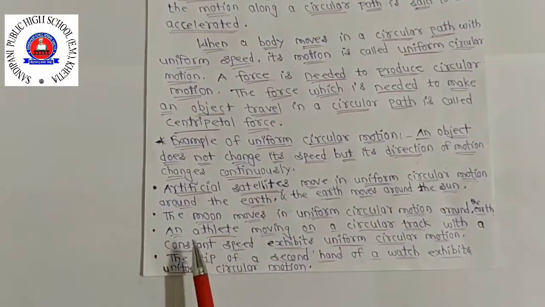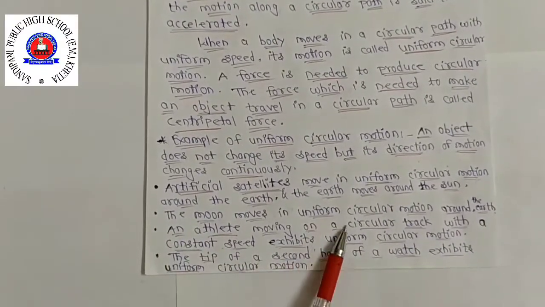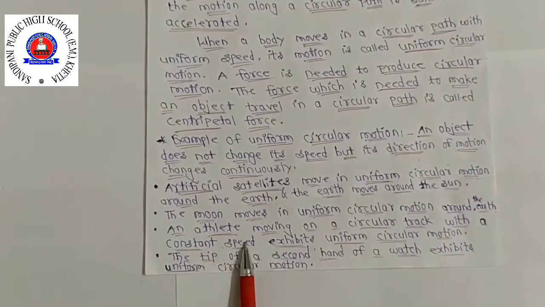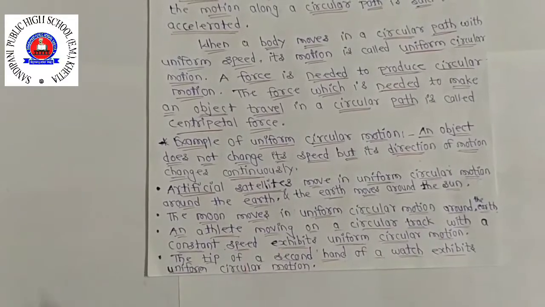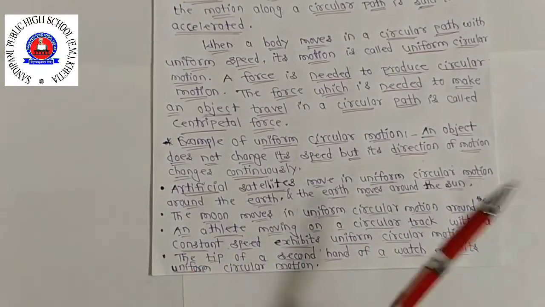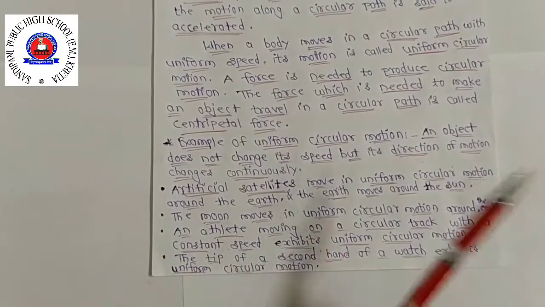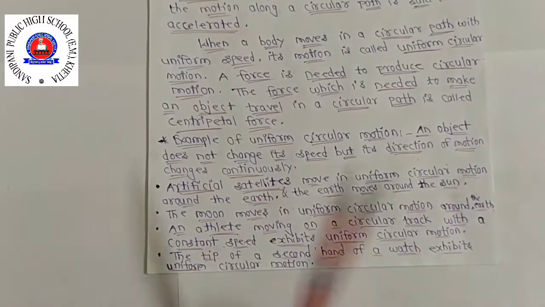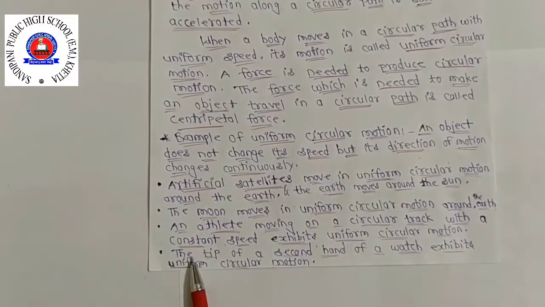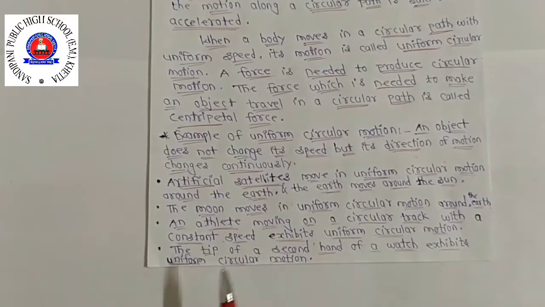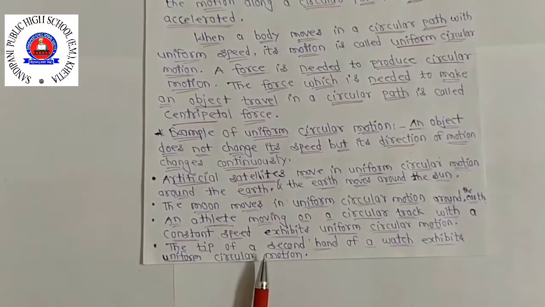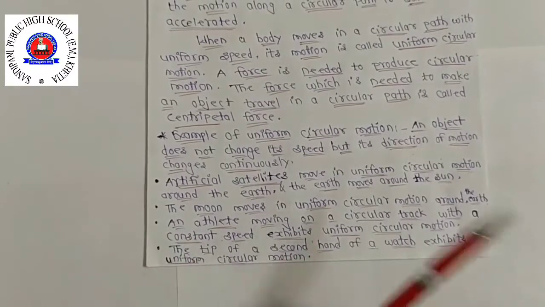Clear. Next one, an athlete moving on a circular track with a constant speed exhibits uniform circular motion, so this motion is accelerated because of a continuous change in direction of motion. Clear. Next one, the tip of the second hand of a watch exhibits uniform circular motion on the circular dial of the watch.